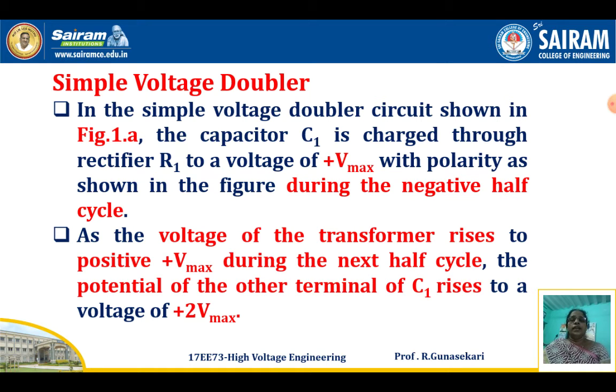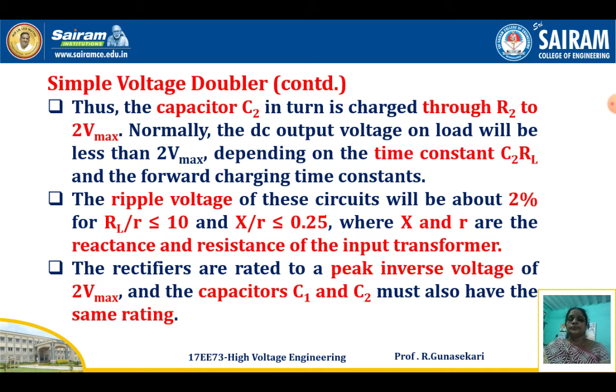That is, during the negative cycle plus V maximum, during the positive cycle plus V maximum. Therefore, the voltage across the capacitor C1 is equal to plus 2V maximum. That is, the voltage is doubled. The capacitor C2 is charged through the rectifier R2 to 2V maximum.